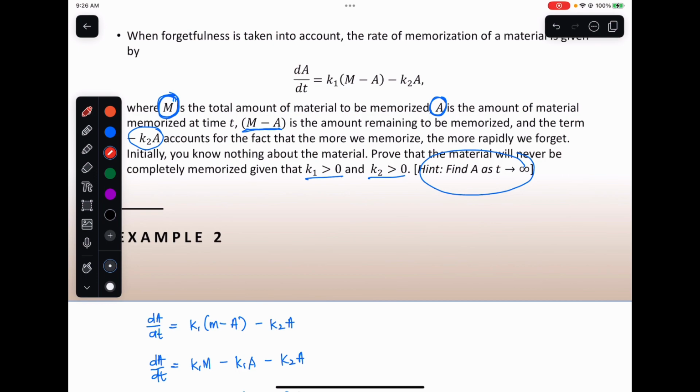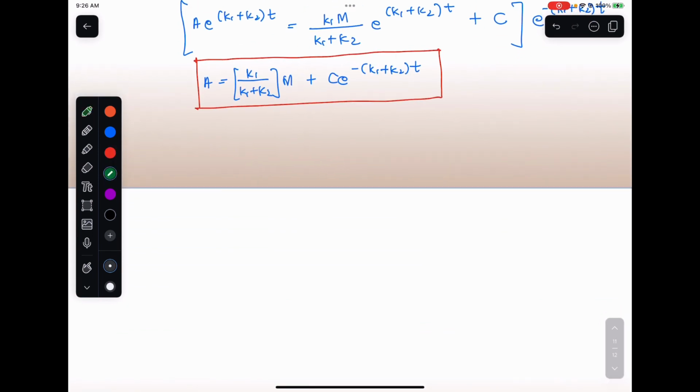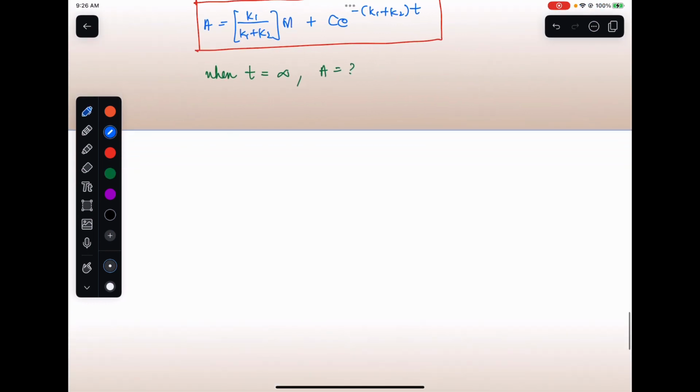So we can prove that one if we're going to let T be equal to infinity. So when T is infinity, we need to find what is A. And that is A equals K1 over K1 plus K2 times M plus C e raised to negative K1 plus K2 raised to infinity.